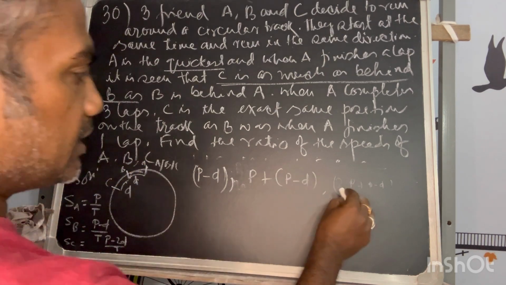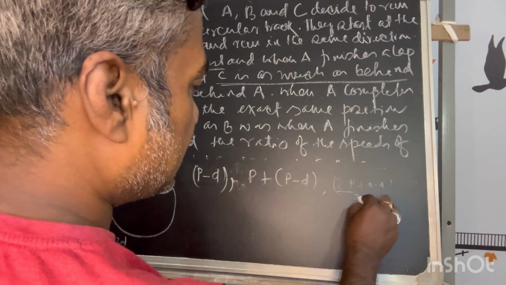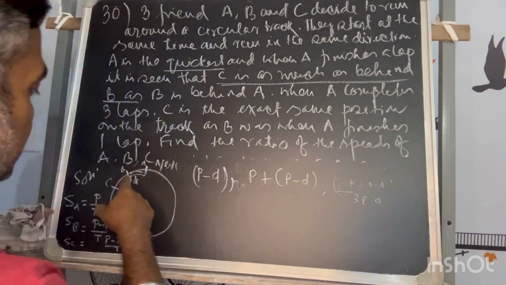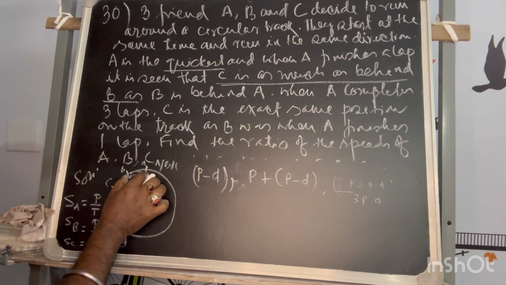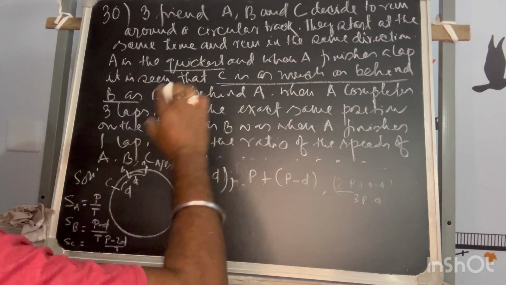He cannot make another lap and reach there with only the difference D. That is not possible because in the first lap he already has a 2D gap, so that gap will increase.